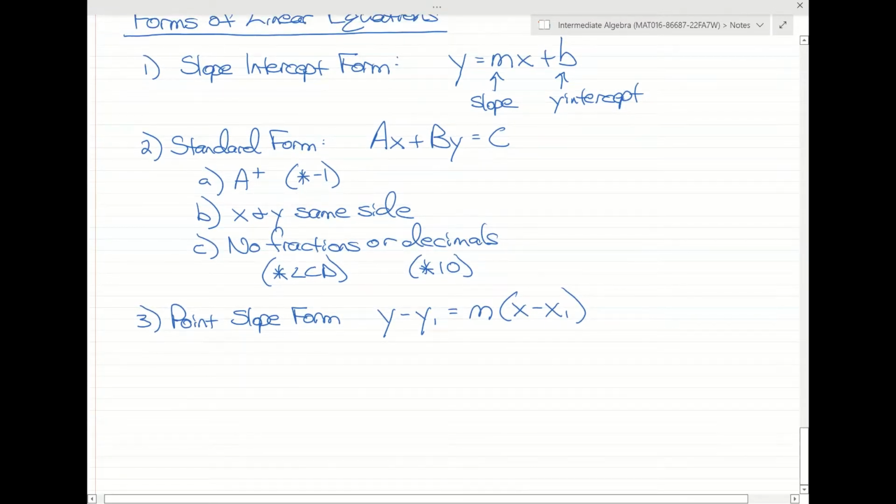We have a slope that's equal to m, and we have a point that's x1 comma y1.